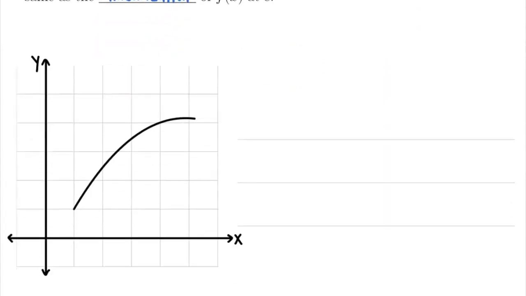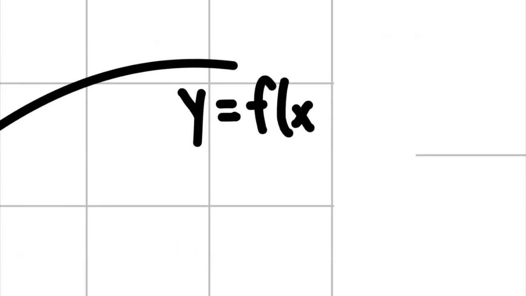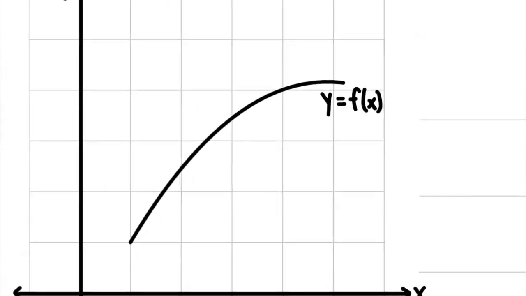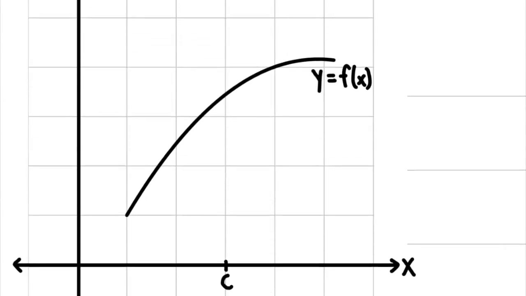Okay, so let's say this is my function. This is y equals f of x. And let's say this is c right here. And this is going to be the first degree Taylor polynomial.